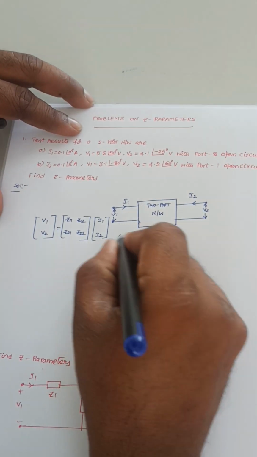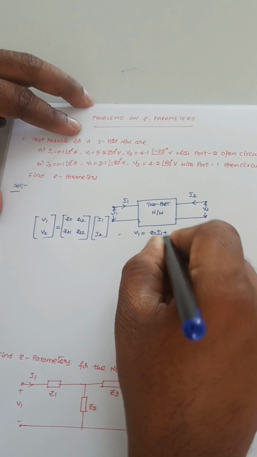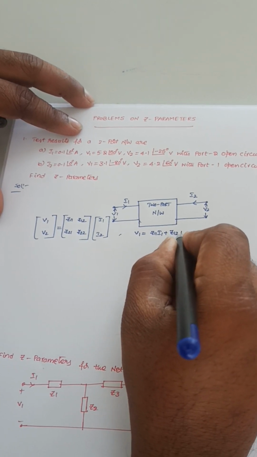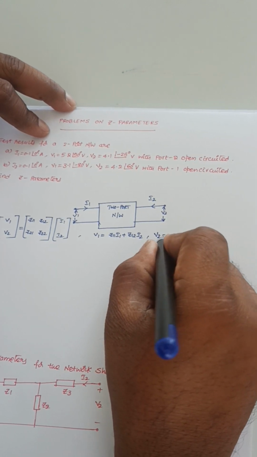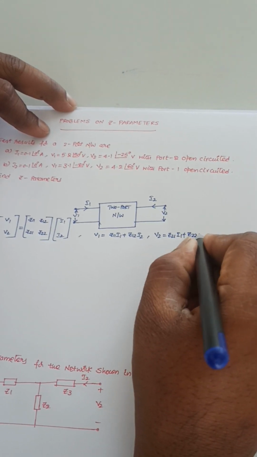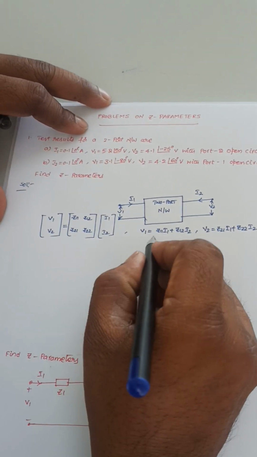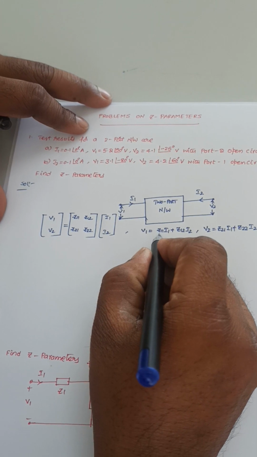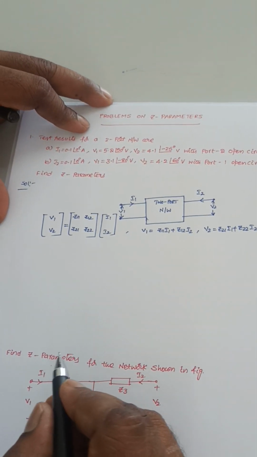So from this, V1 is equal to Z11 I1 plus Z12 I2, and V2 is equal to Z21 I1 plus Z22 I2. From these equations, we can get the values of the Z parameters, that is Z11, Z12, Z21 and Z22.